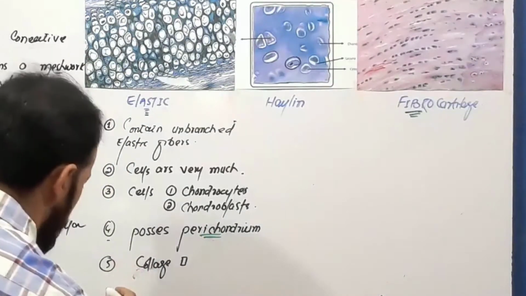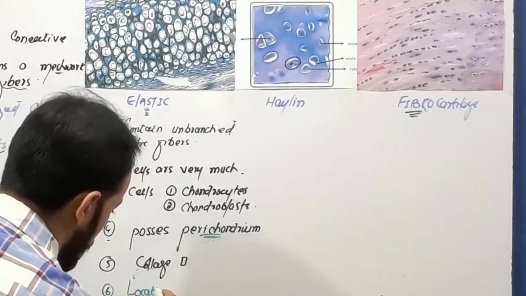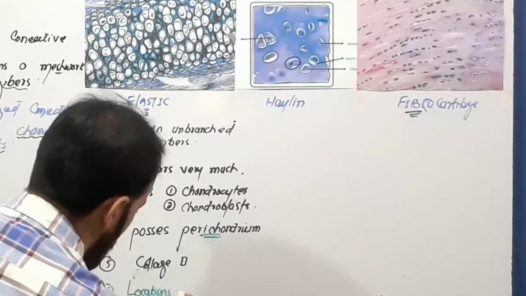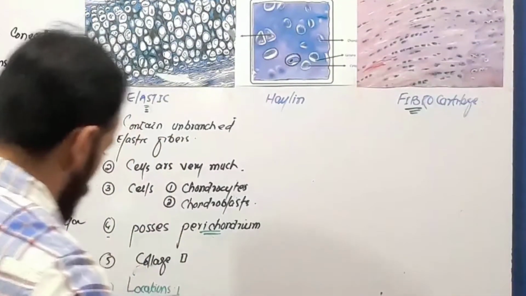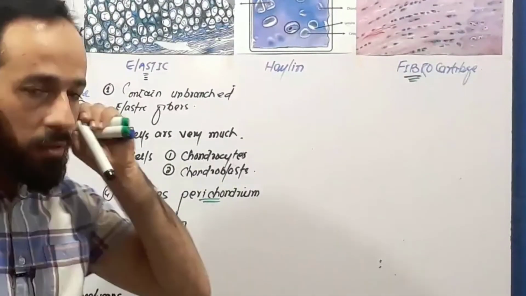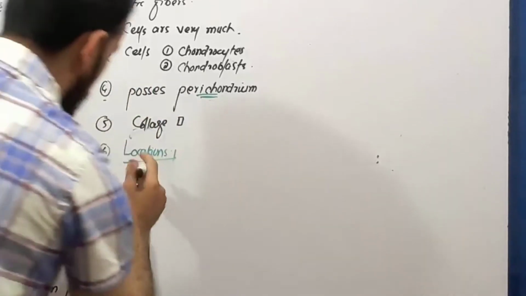And next important point is in which areas of the body are they located? What are their locations? In which areas of the body will you find elastic cartilage? You can see here, this is elastic cartilage, ear pinna. So the pinna contains elastic cartilage.